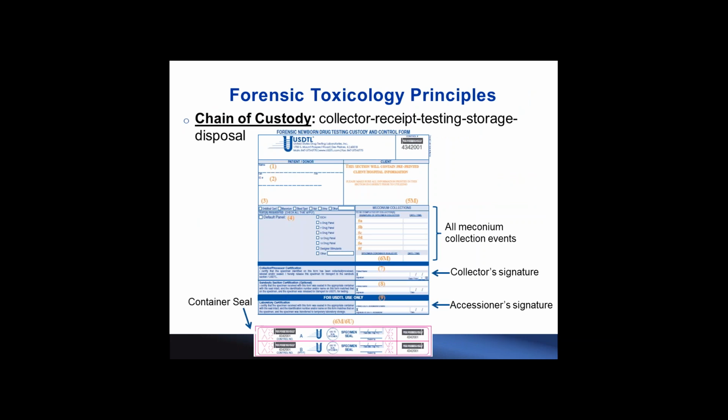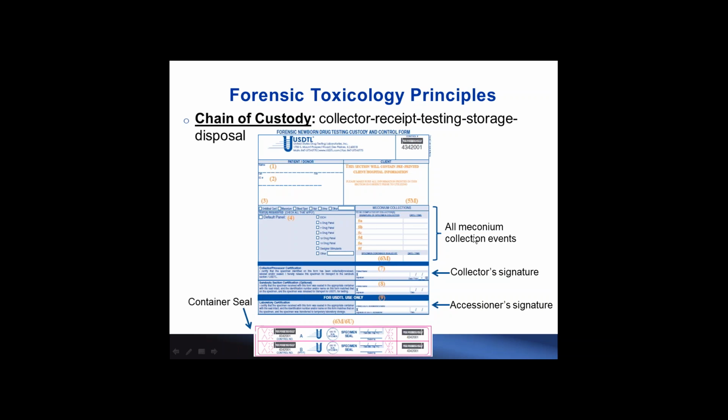It's a type of document to record the whereabouts of the specimens all the way from the collection through the testing to disposal. So on the screen you see the chain of custody, or chain and control, form for forensic newborn drug testing used in our lab.